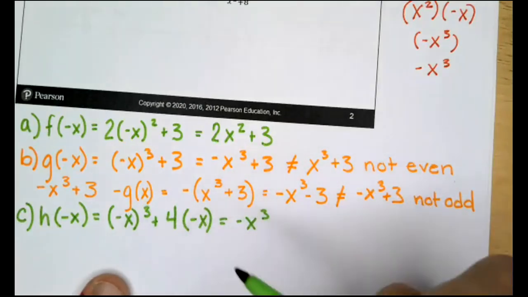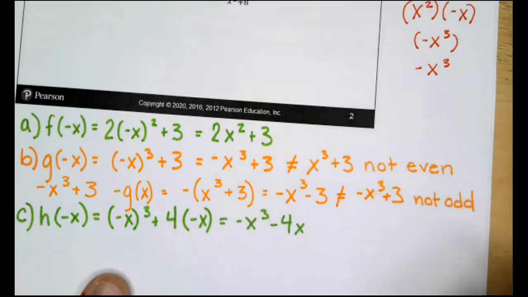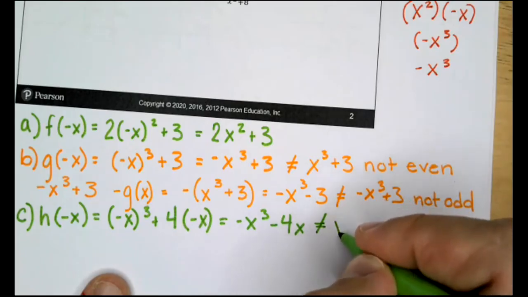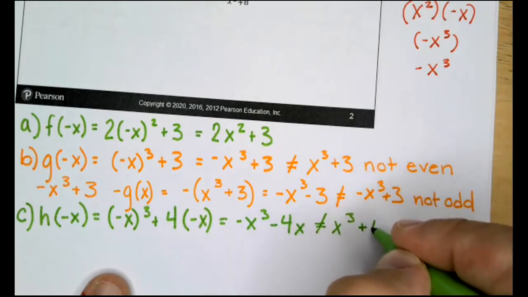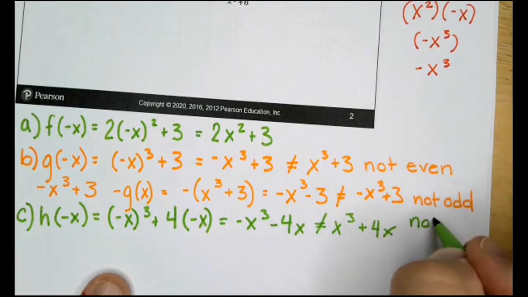And then a positive 4 times a negative x becomes minus 4x, right? That is not equal to the original, right? X to the third plus 4x. So it is not even.